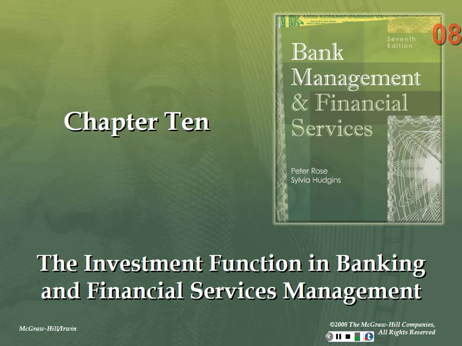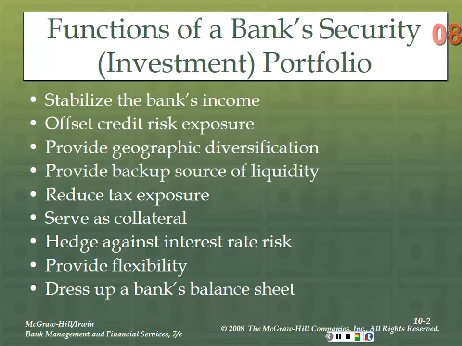All right, so the investment function of a bank. Now, we talked about this very early in the semester, and we said basically the way a bank works is when you make a deposit, so when you put money in your checking account, your savings account, a certificate of deposit, whatever, the bank can essentially do 3 things.